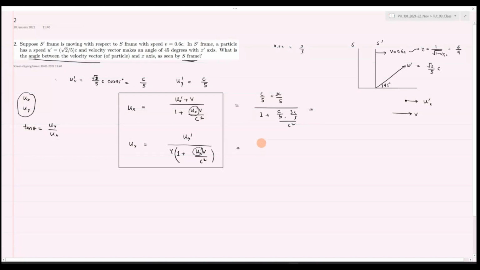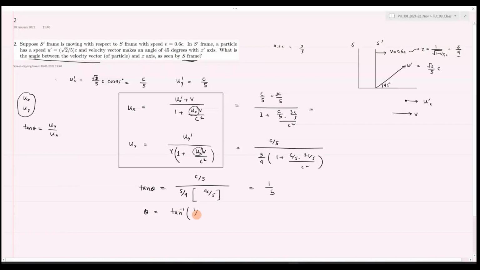Uy will be equal to c by 5 divided by gamma, which we have already found as 5 by 4, and 1 plus c by 5 into 3c by 5 by c square. Now if we take tan theta, then this term and this term will get cancelled. So it will be c by 5 divided by 5 by 4 into 4c by 5, which will be 1 by 5. That means the angle we will get is tan inverse 1 by 5.